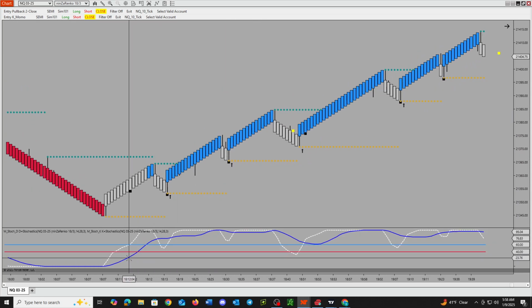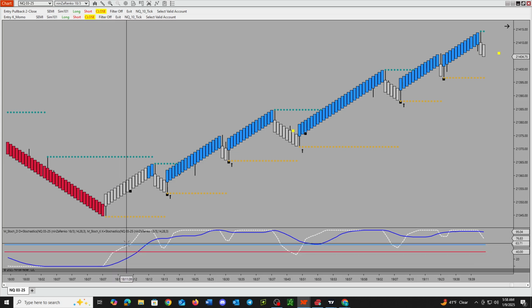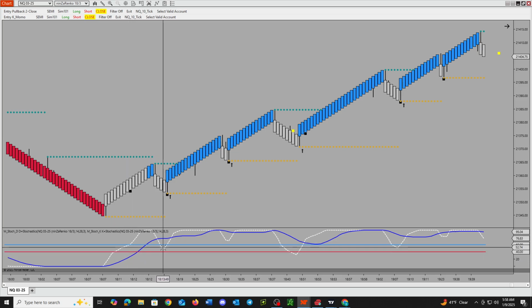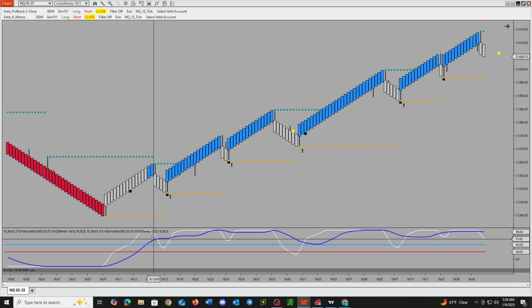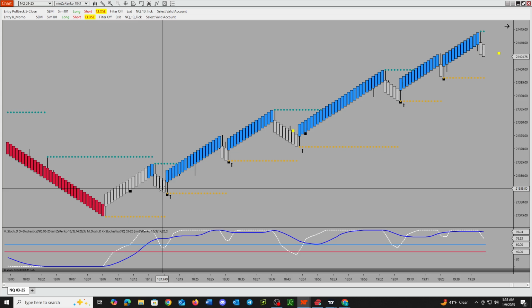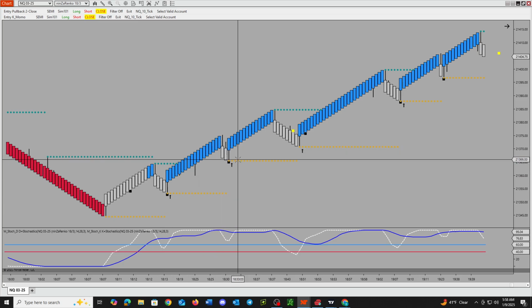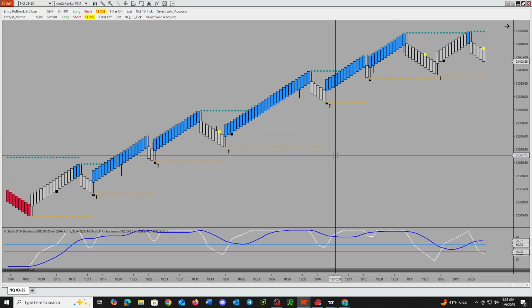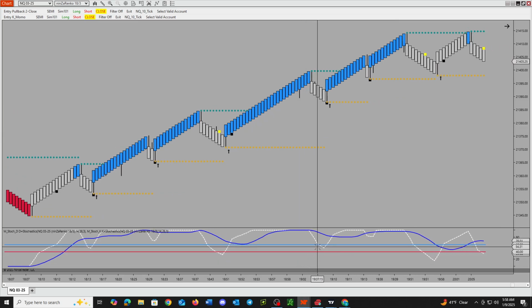Now let's talk about the %K, which is the white line. This is the gauge here. All it does is identify pullbacks when the %D is trending, and it's highlighted by silver bars inside the trend. That's all it is. Now I don't have a code for that.